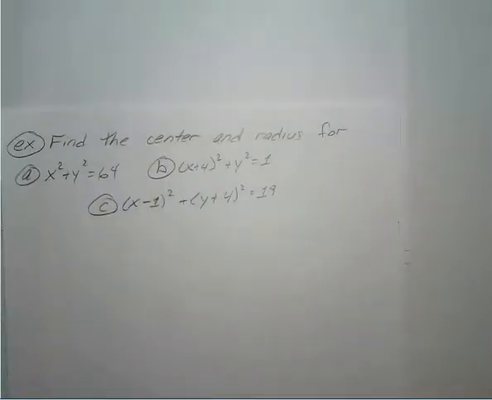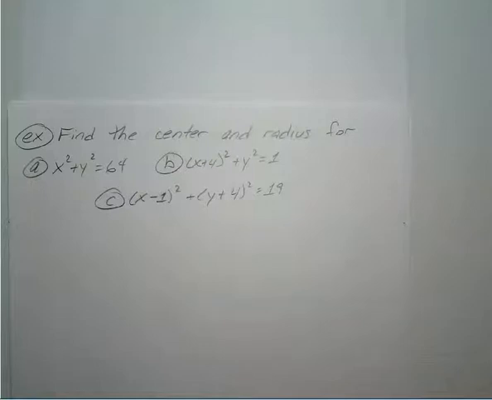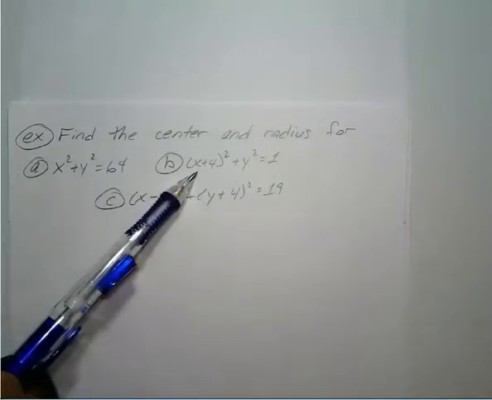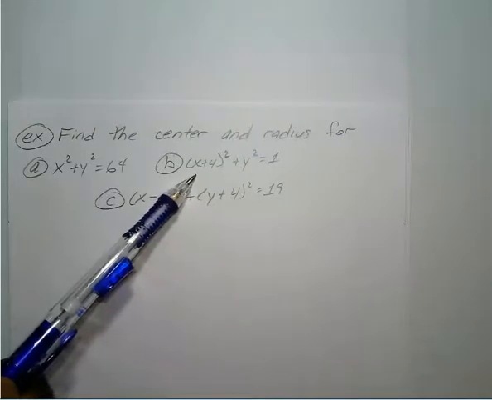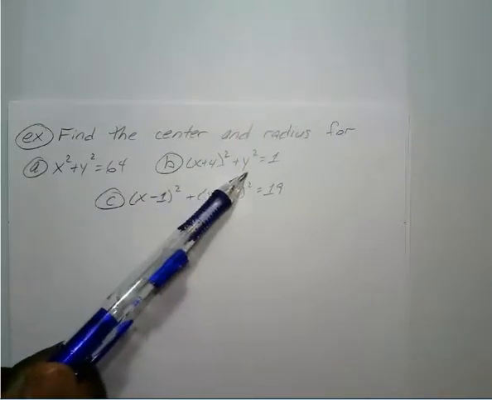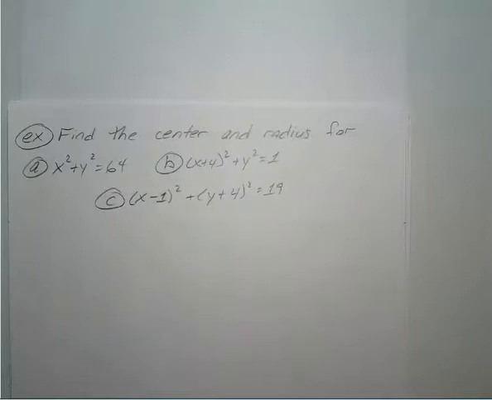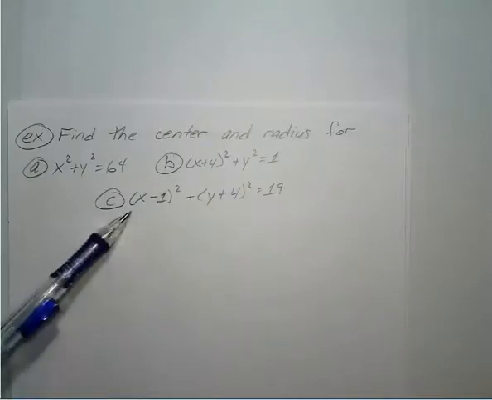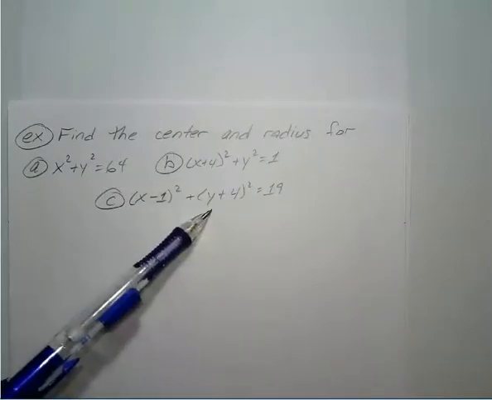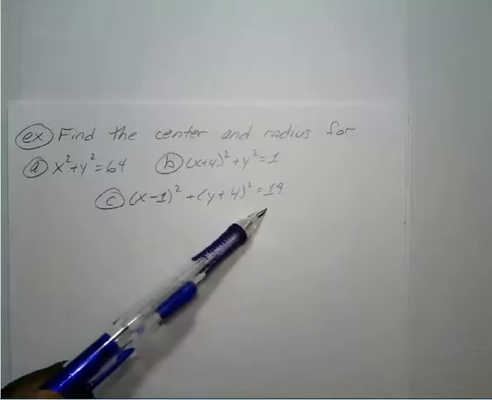There we go. So let's say, for example, we wanted to find the center and the radius for problem A, you have x squared plus y squared. For problem B, you have (x plus 4) squared plus y squared equals 1. And for problem C, you have (x minus 1) squared plus (y plus 4) squared equals 19.